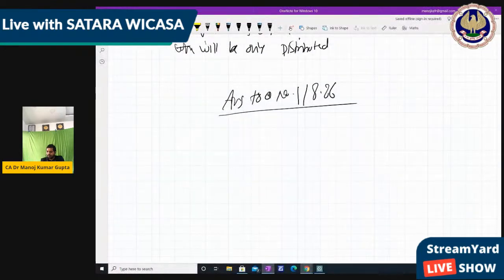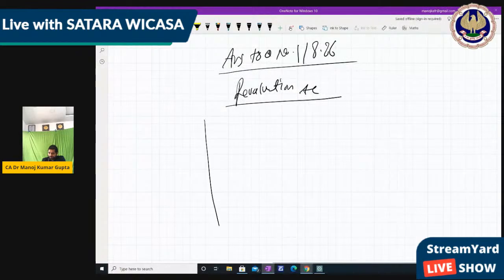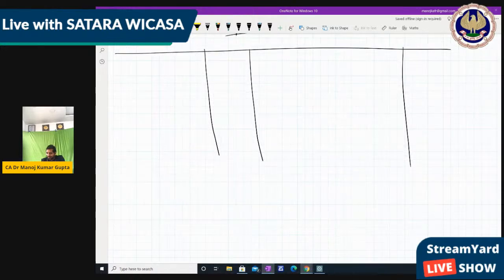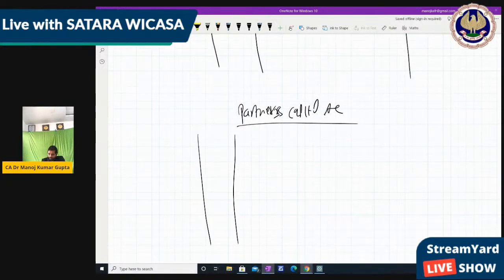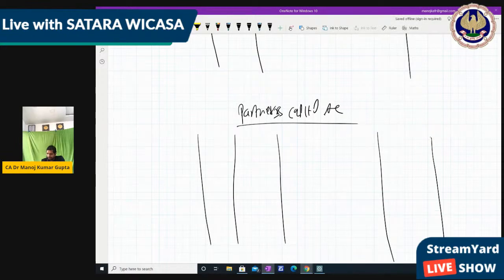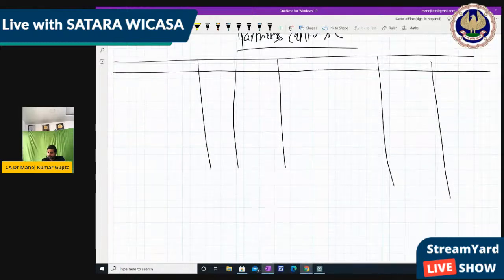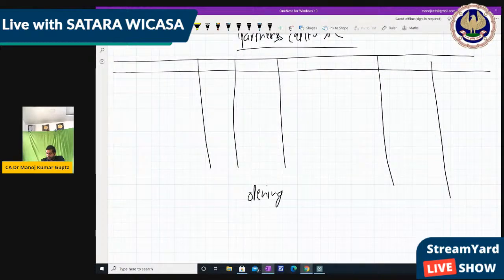Answer to question number 1, page 8.86. First, revaluation account. Then partners' capital account, partner AB, then opening balance sheet.